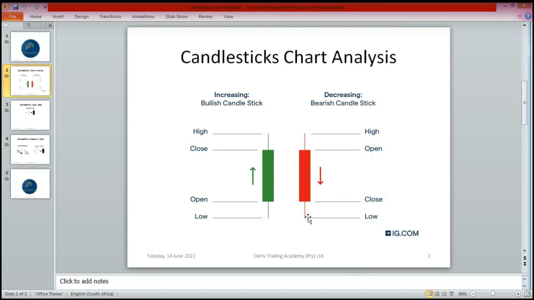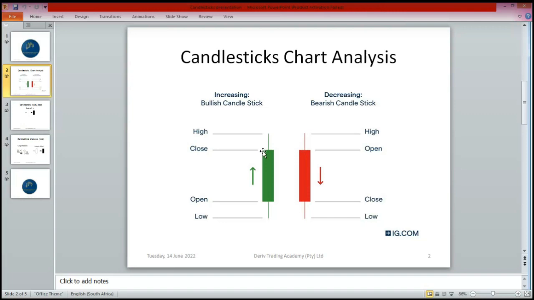The filled part of the candlestick is called the real body, the portion between the opening price and the closing price.